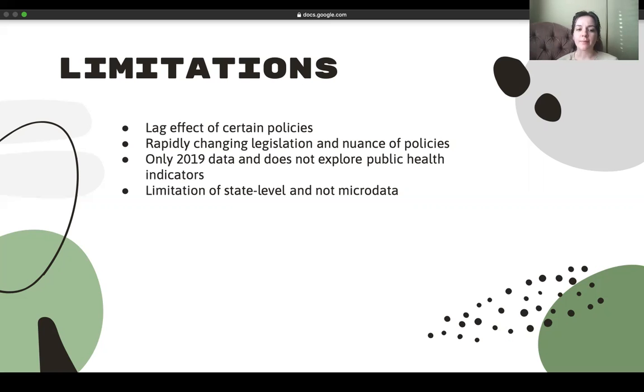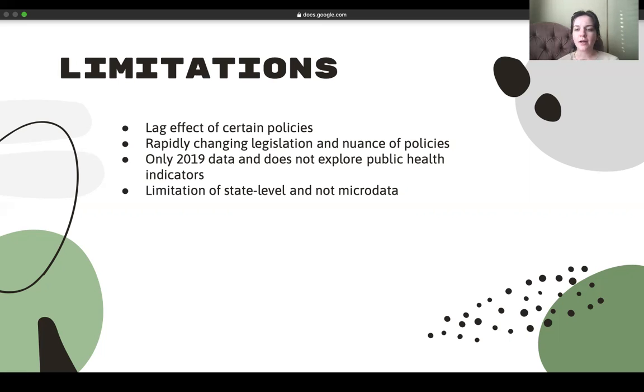And then also the rapidly changing legislation and nuance of policies. There are so many policies constantly happening, and in each state they're a little bit different. So this is important to note since it is on a state by state basis. And as I've already said, it's only 2019 data, and I didn't explore the public health indicators. So my next research step that I'm most interested in is understanding how this affects women's health.